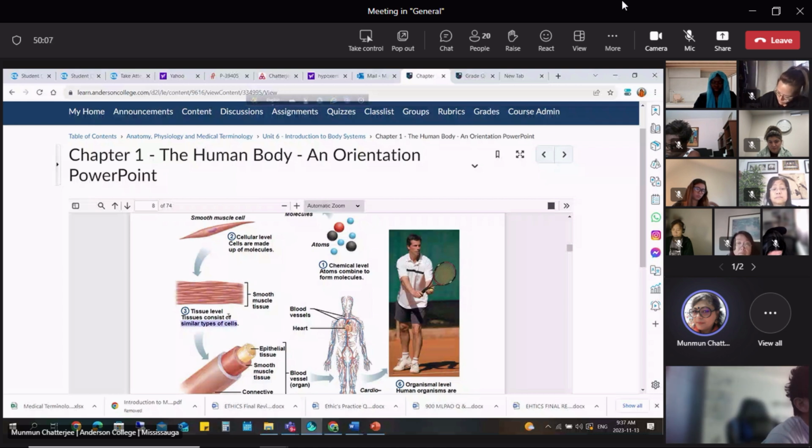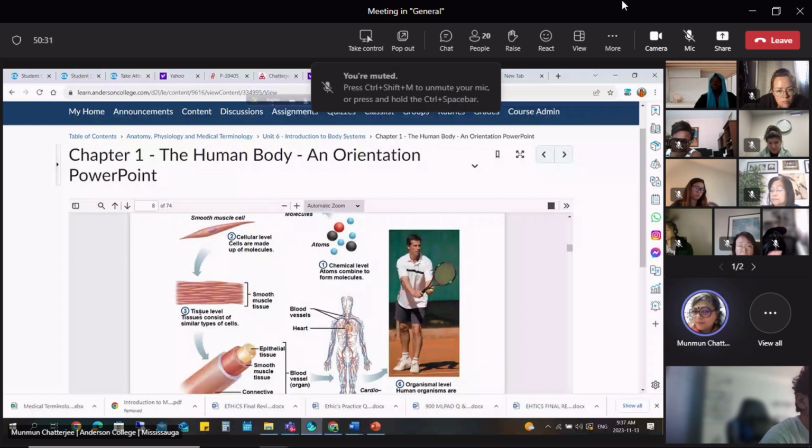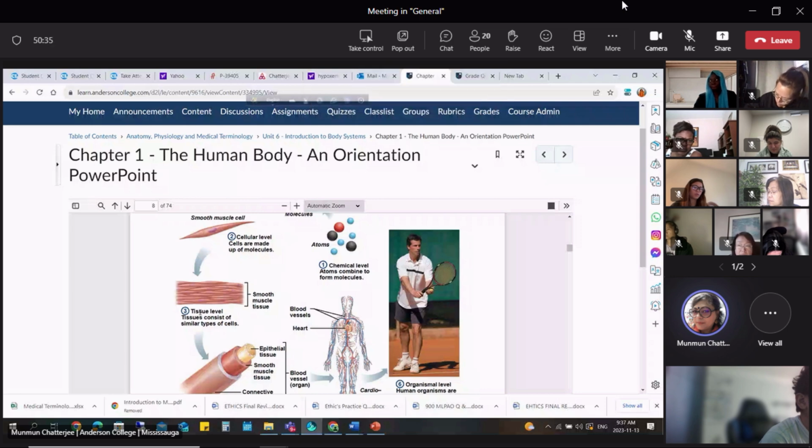Now, different types of tissues form the organ, and different organs working together is called the organ system level. The organism level is a human being made of many organ systems. That is the organism level. So how is it coming? Chemical level, cellular level, tissue level, organ system level, organism level.